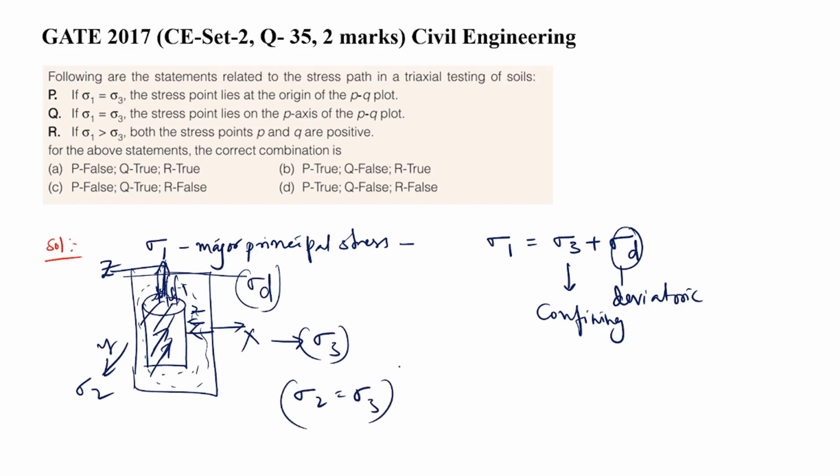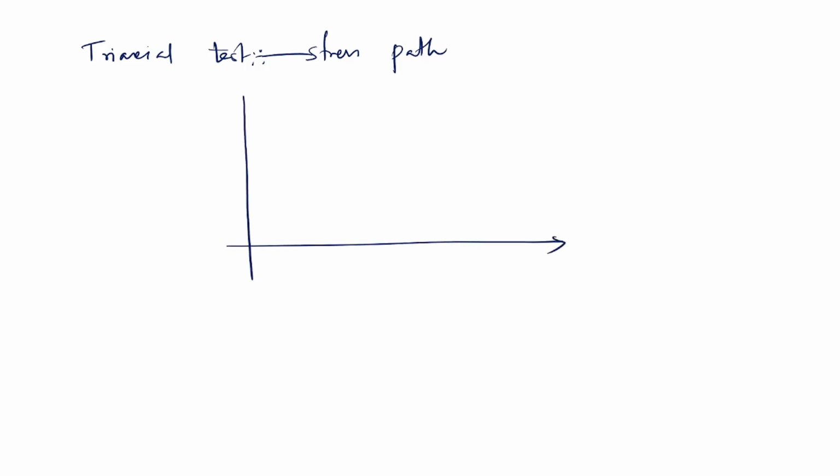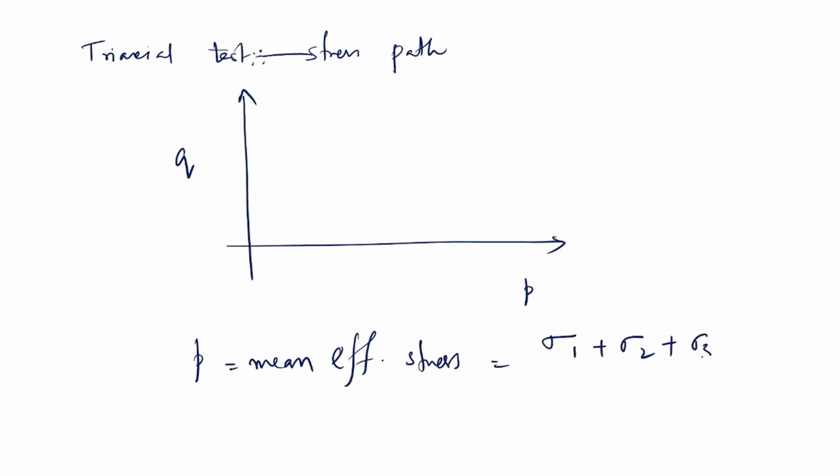Now in the triaxial test, the stress path will be drawn between two parameters. One is P, one is Q, where P is the mean effective stress, which is equal to sigma 1 plus sigma 2 plus sigma 3 by 3, which is nothing but sigma 1 plus 2 sigma 3 by 3, because these two are equal.